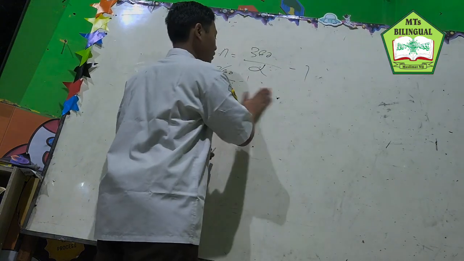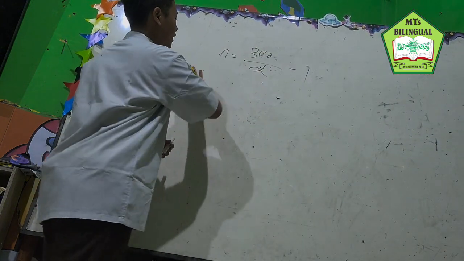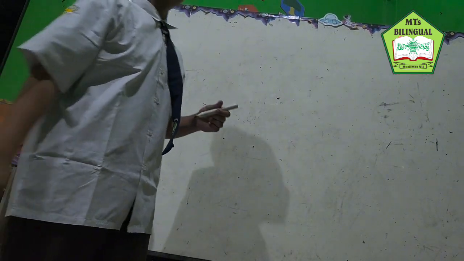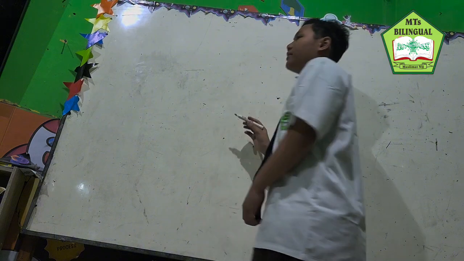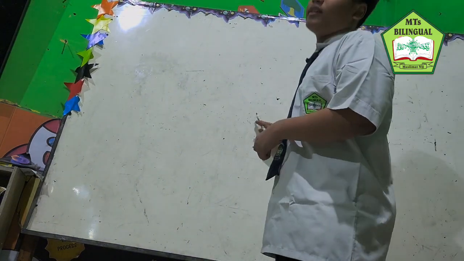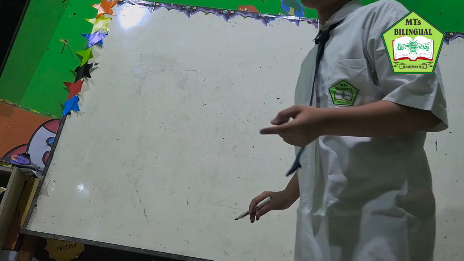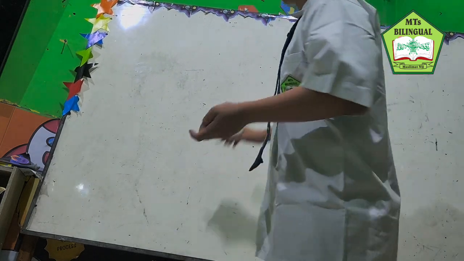In optics, we also know about the convex mirror and lens. To determine the power, there is a unit called dioptre for mirrors and lenses.